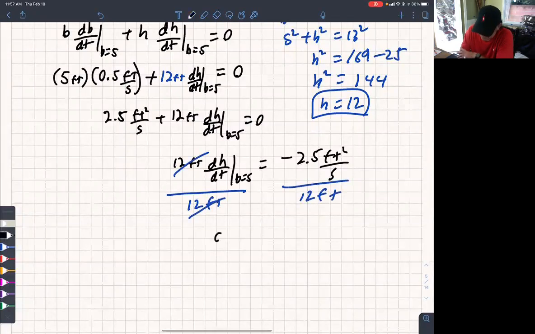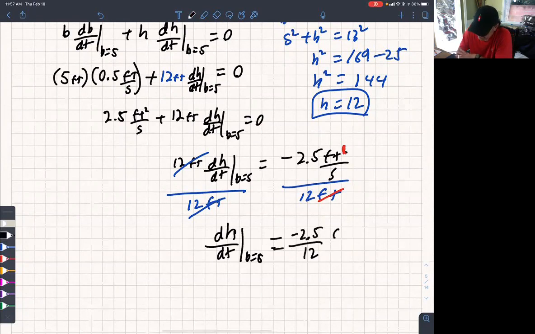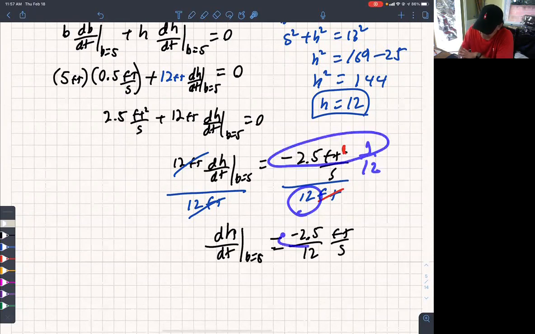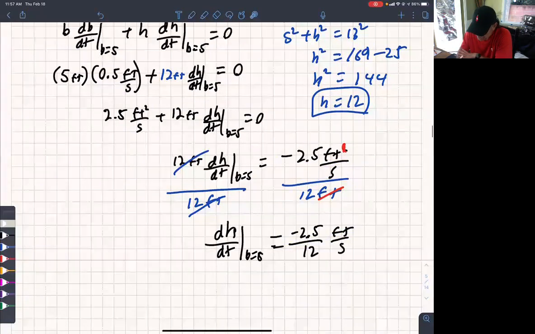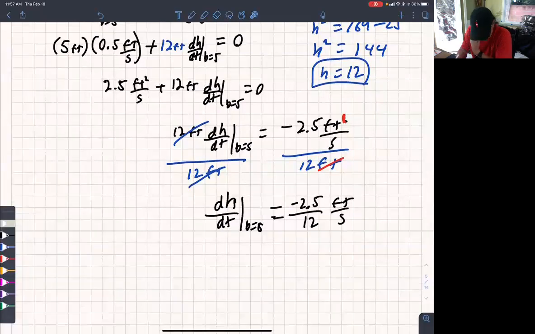This is beautiful. dh/dt when b is 5 is, one of those feet will cancel one of those feet, right? And I'm going to get negative 2.5 over 12 feet per second. And again, you multiply by the reciprocal of 12, which is 1 over 12. So all that's on top, and the 12 and seconds on the bottom. So that's your answer.